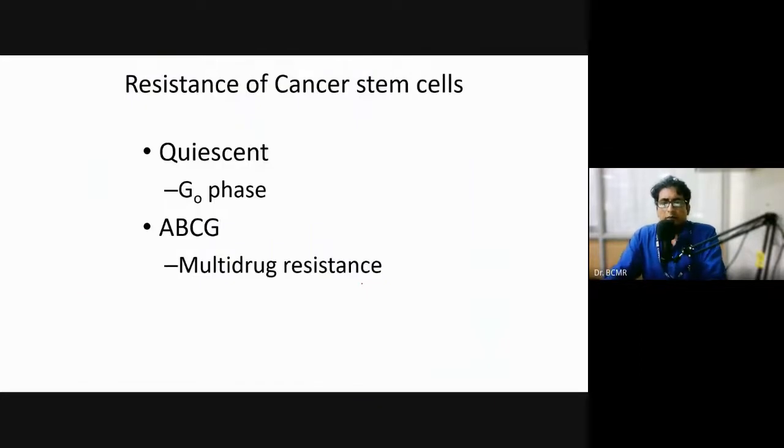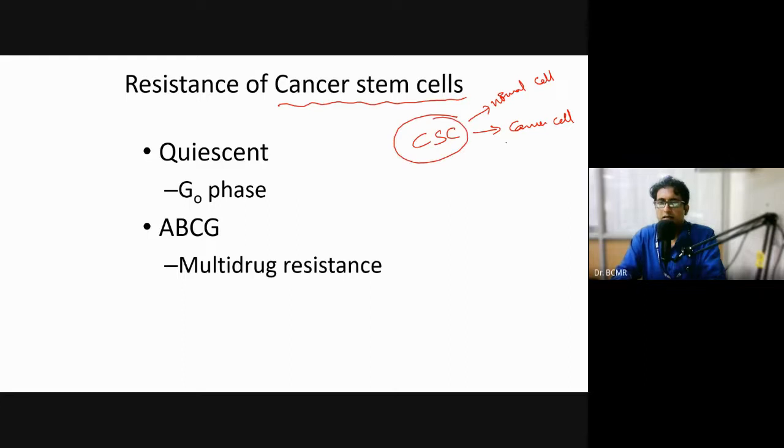So the problem with cancer stem cells is that they are different from the rest of the cancer cells. They are also different from the normal cells, right? Cancer stem cells and the rest of the cancer cells are both part of the tumor.